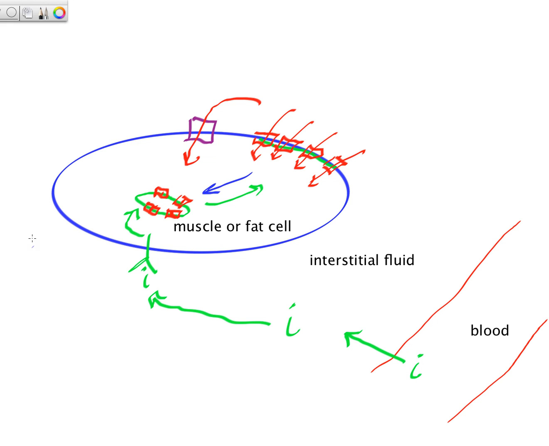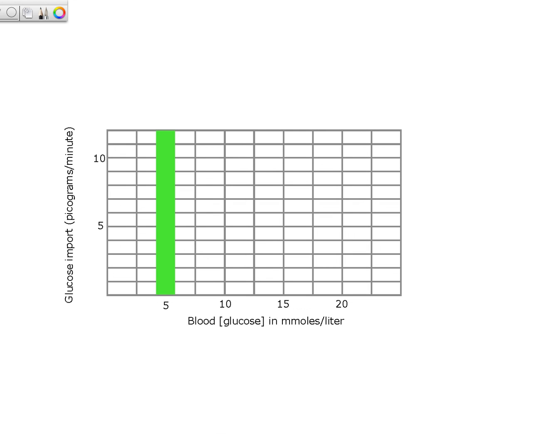So let's take a look at the kinetics of these channels that are insulin induced. They allow more sugar uptake, but they do so in a way that is sugar dependent. So the concentration of blood sugar does influence how much sugar these channels take up.